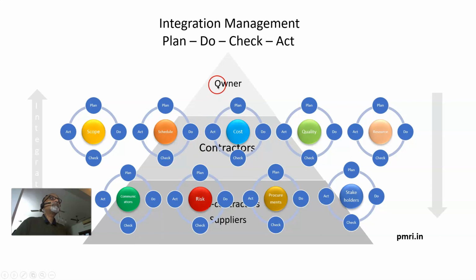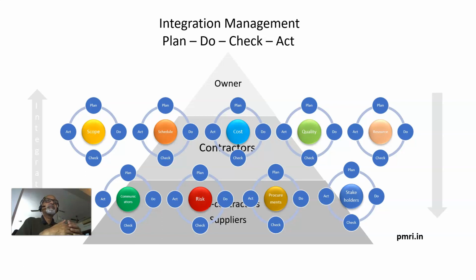So there needs to be an integrated project plan which dovetails all the individual plans by the stakeholders into a cohesive whole. That is known as the integrated project plan. The main project manager of the main contractor will maintain it, and all the subcontractors' plans and the suppliers' plans will be dovetailed into it perfectly.